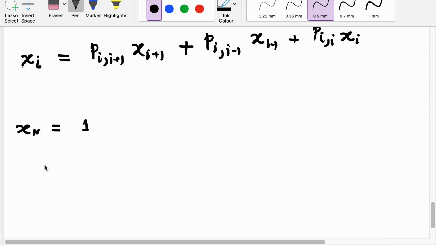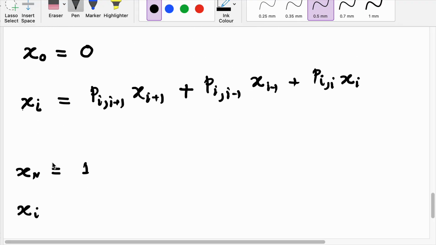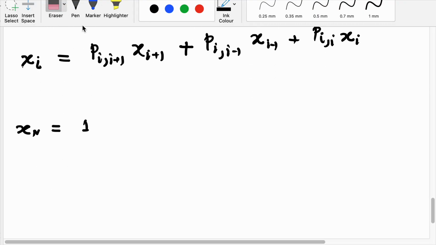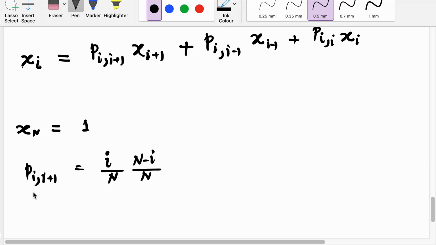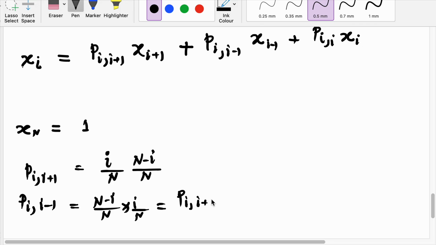Now let's solve this equation for xi. Since we know this, let me first write the value of p I comma I plus 1, that will be I by n times n minus I by n, and this is the value of p I comma I. This is the same as p I comma I plus 1.